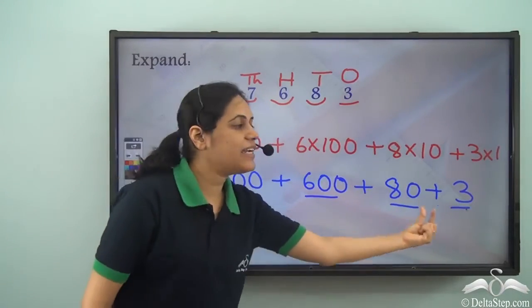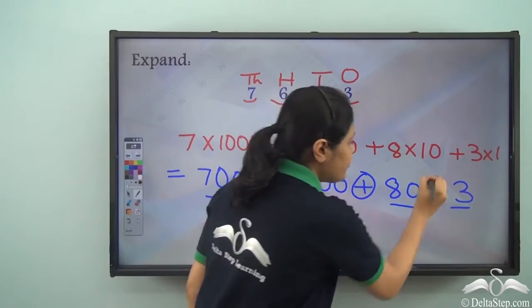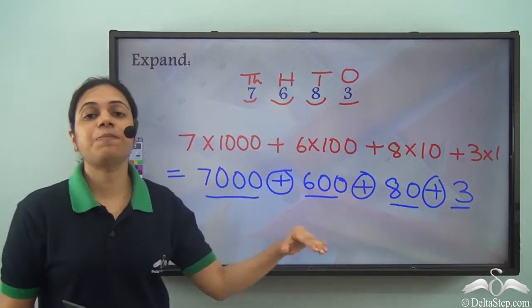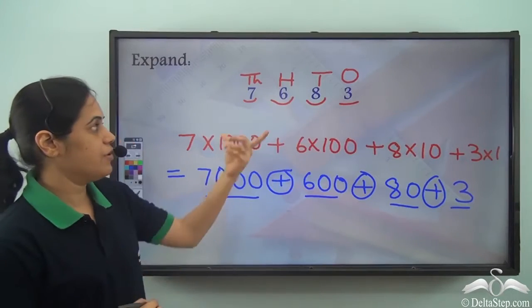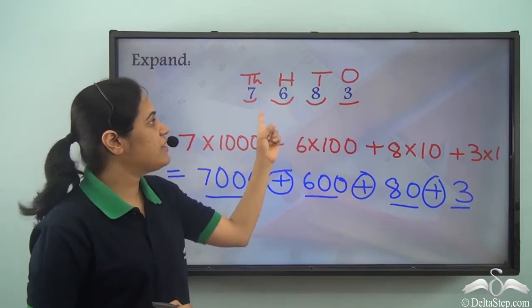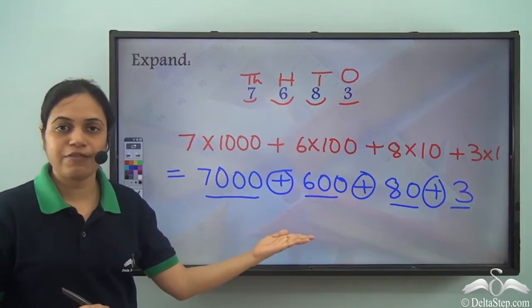And I have added them. So, I have added the place values of the 4 digits. And this is the expanded form of this number. So, for the number 7683, this is the expanded form.